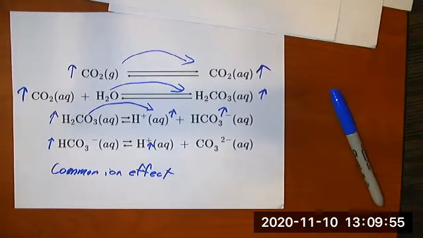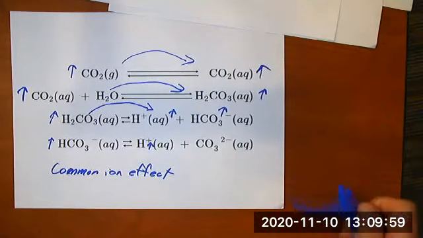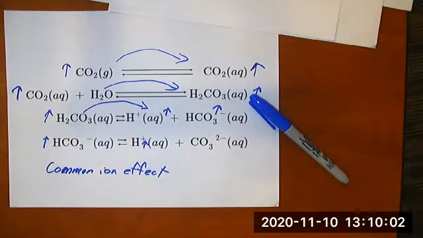I also want to briefly mention, I've noticed in some of the Piazza questions that some people are still having a little bit of trouble knowing how to write down the equilibrium constant expression for an arbitrary reversible reaction.